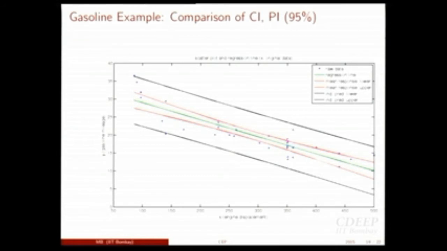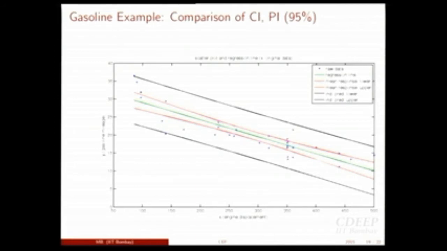I mean, can I really use your line to say what will happen if I do the experiment at a certain x again? Okay. So this is the mean response, and what you see on the black lines, however, is what is called the prediction interval. You can think of it as a 95% confidence interval on the individual response. If I were to do one experiment at 200, what is the value I will get?